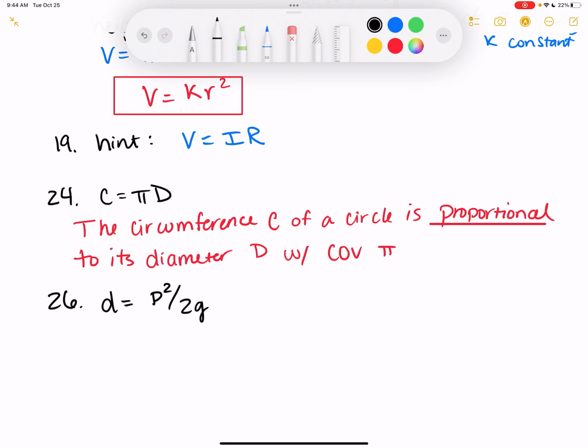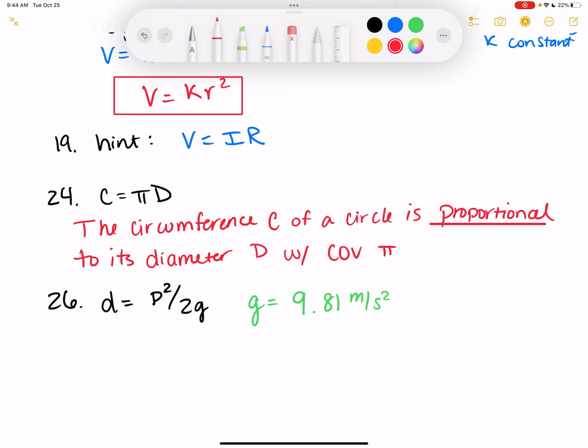And just as more of an FYI, in case you end up taking physics in the future at any point, whether it's here or just in general, the gravitational acceleration constant is 9.81 meters per second squared. It's more of just a fun fact for you.